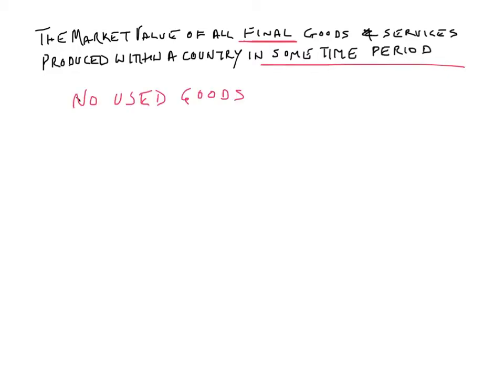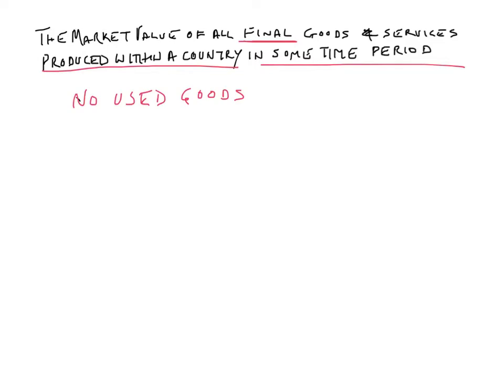Next, we only count goods that are produced within a country. So as far as cars go, the cars that Ford makes that are produced inside the United States would count as part of United States GDP. But the cars made by Ford in China would not count as part of U.S. GDP.